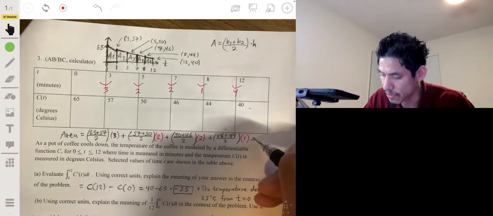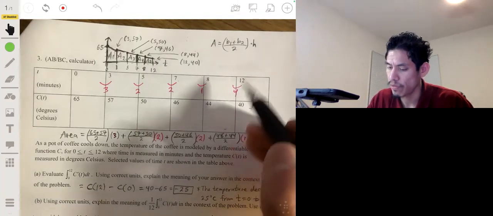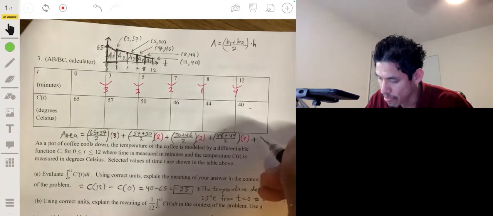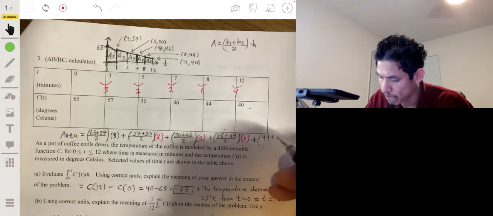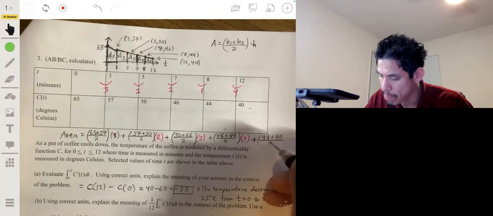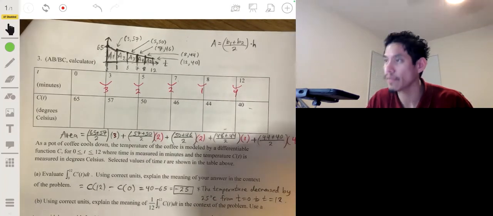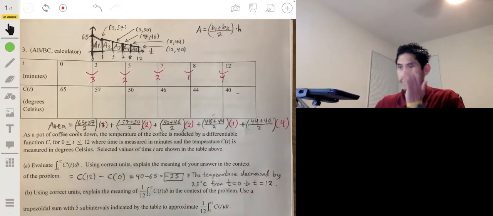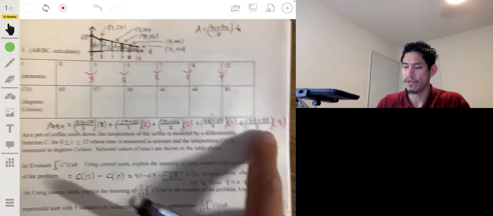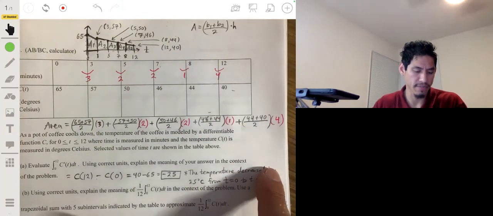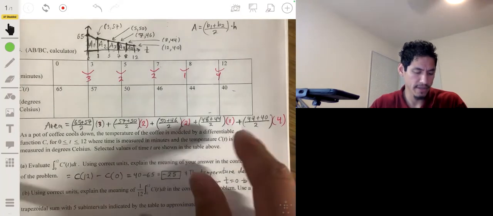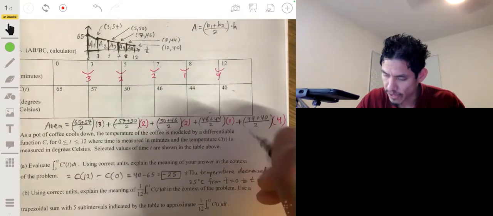And then the last one will be 44 and 40 times 4. When you add all these together and simplify them, you're going to get 599.